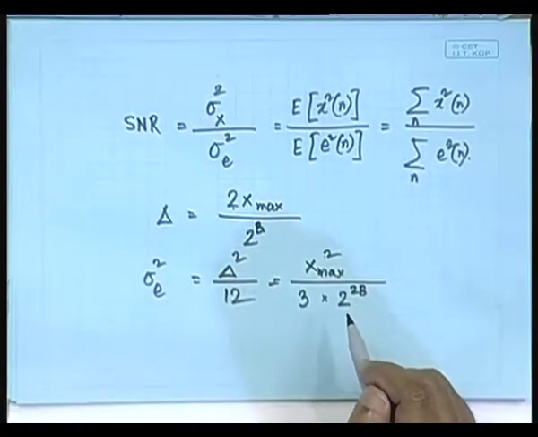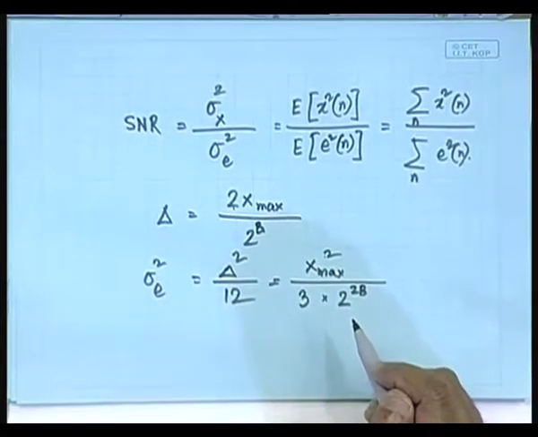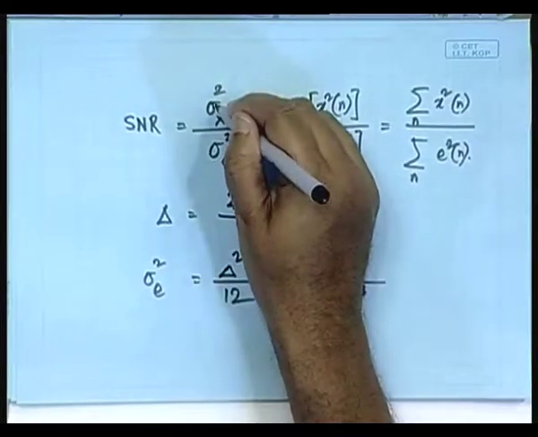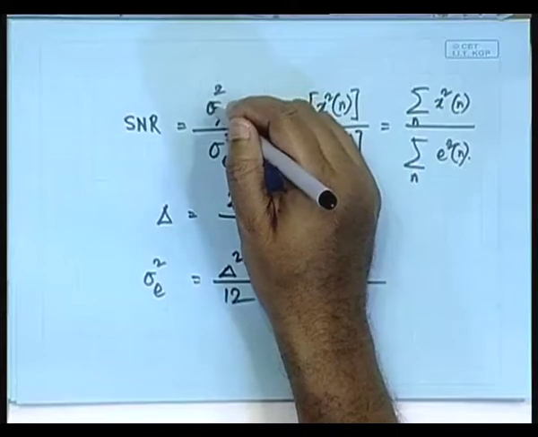So, this is the sigma square e term, and now what we can do is that we can substitute this into our original SNR equation.